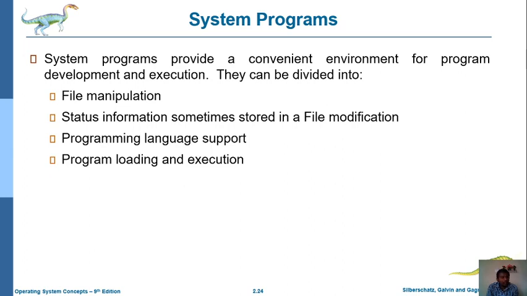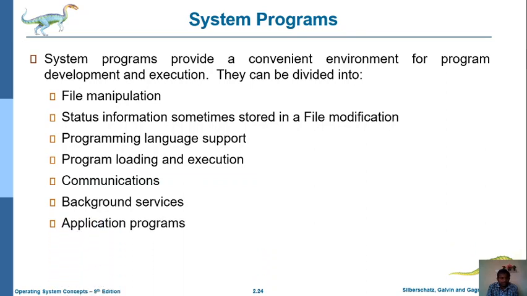And program loading and execution also. With the help of the system program, we can easily load programs and easily execute them. These system programs are also responsible for providing proper communications among several devices. They also run some background services on the operating system. And they can also provide some application programs.